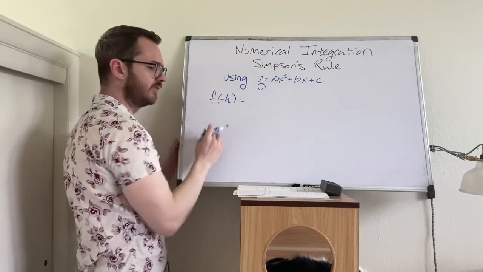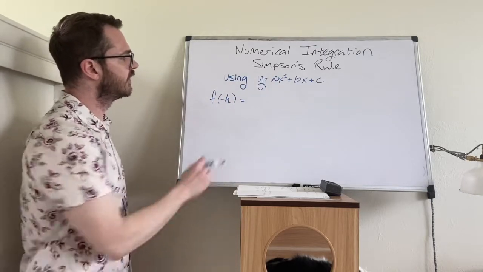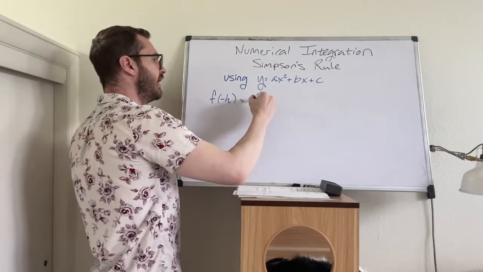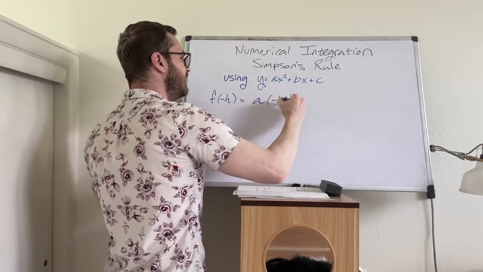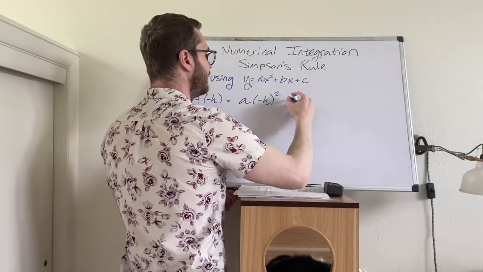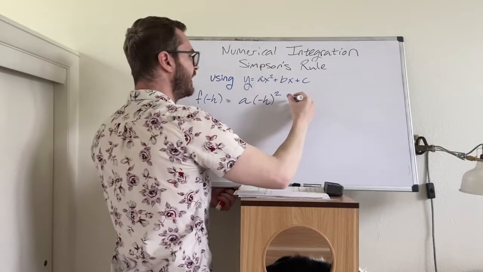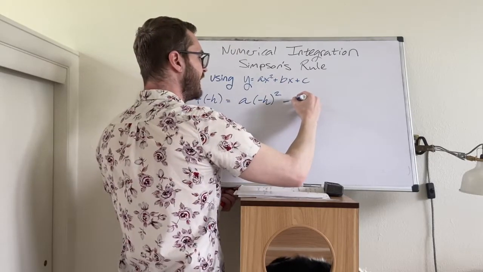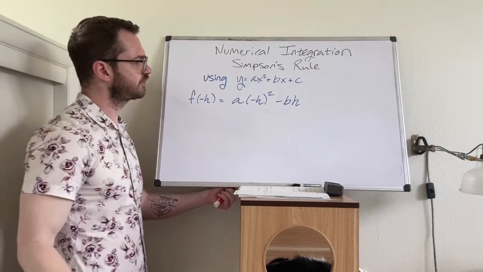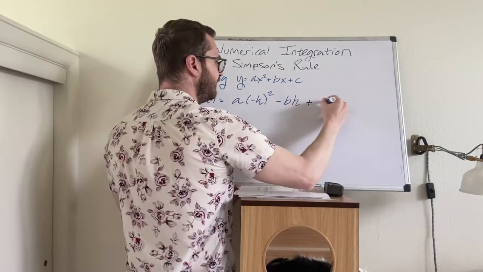This is taking the place of y. And I'm going to take my x values and plug them into this quadratic. So we have a times negative h squared, and since it's negative, I'm just going to make this minus, so minus b times h, and then plus c.